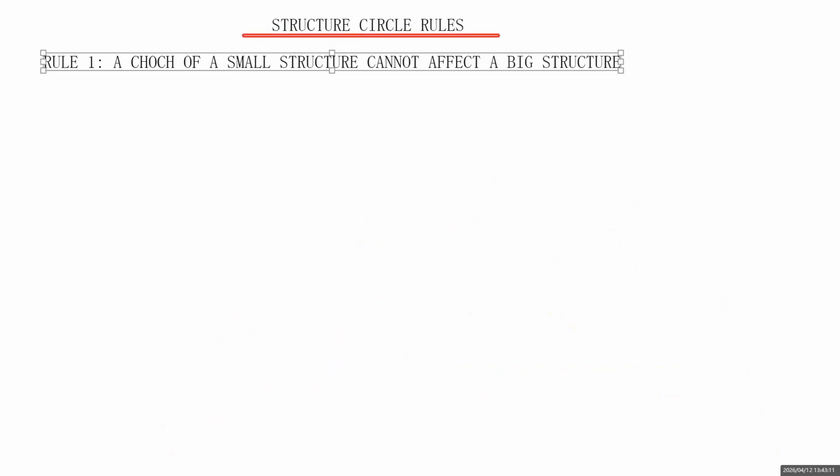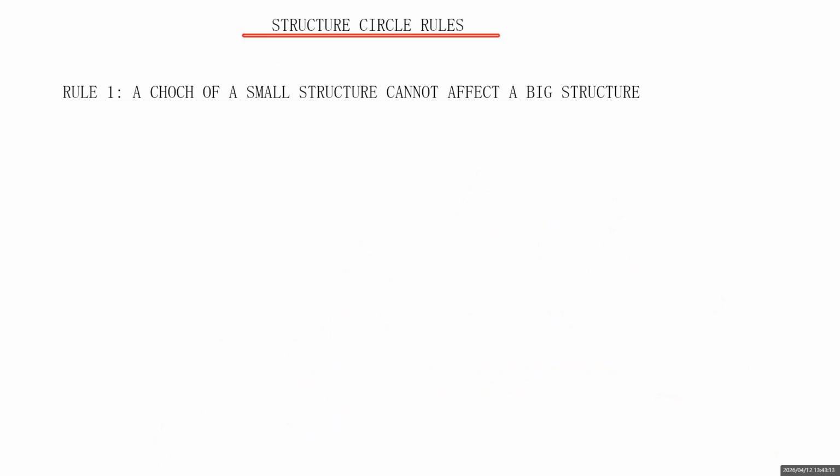So this is rule 1 of structure circle rules. It says that a change of character of a small structure cannot affect the big structure.